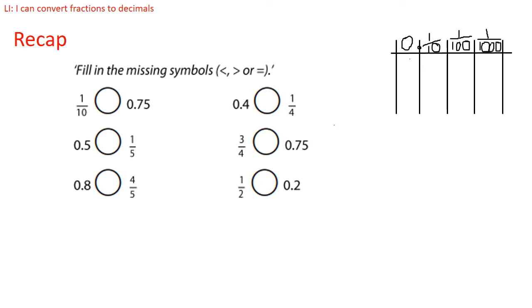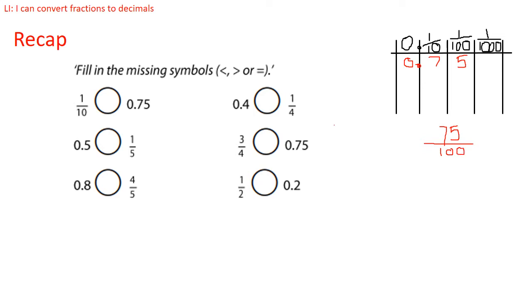So let's use our place value grid and put in our decimal 0.75. So our last digit is in our hundredths column. So we know that 75 becomes our numerator and our denominator is 100.